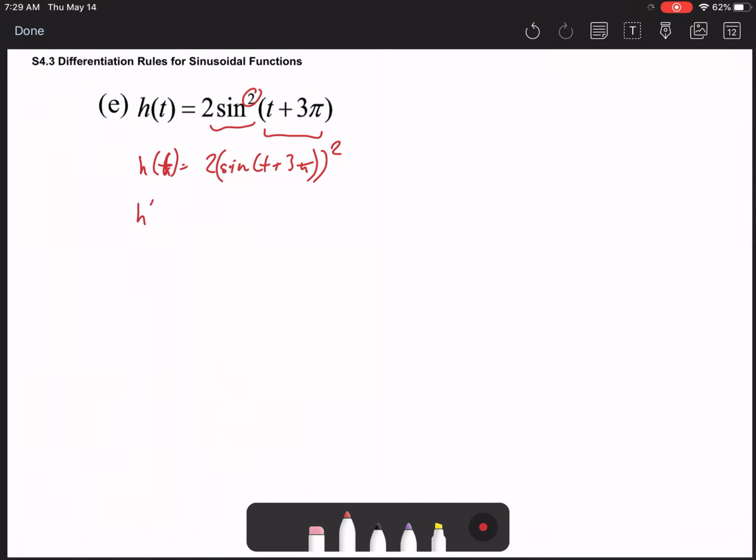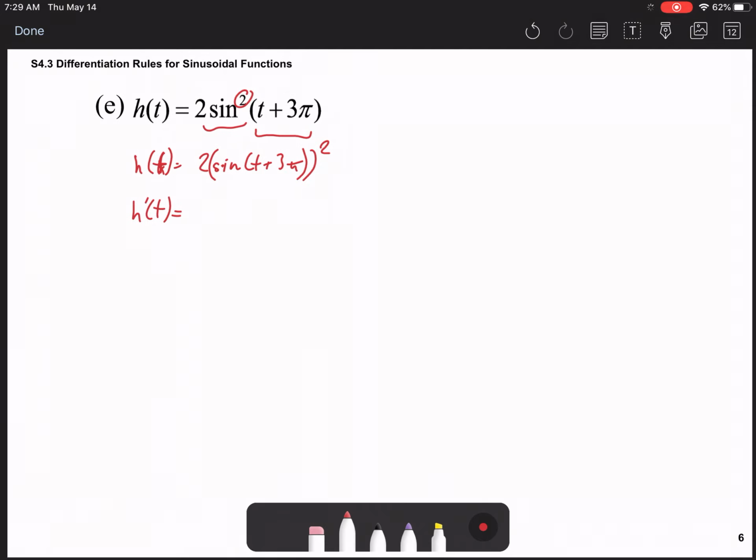Okay, so derivative of this, I'm going to have to use the chain rule twice here. Okay, so 2 times 2 is 4. Leave the sine t plus 3 pi in there. Reduce that exponent by 1. Find the derivative of what's inside, which is just cosine of t plus 3 pi.